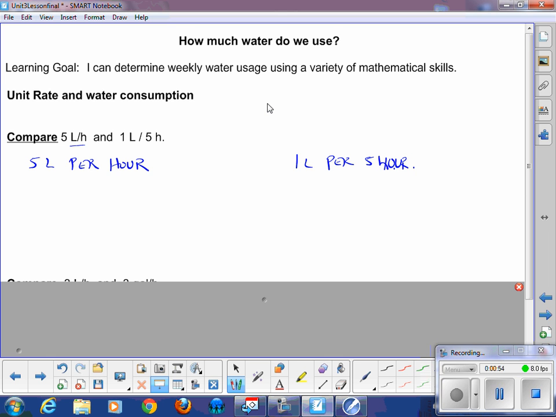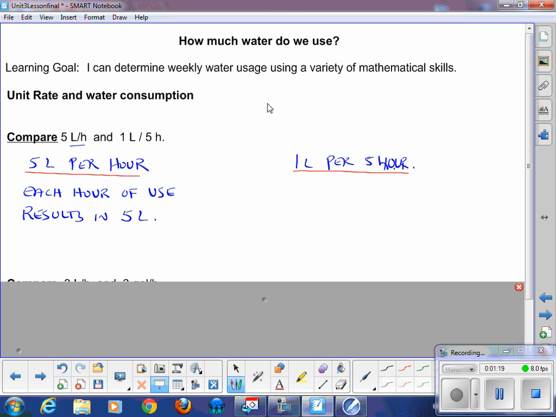How do they differ in terms of interpreting unit rate? Quite simply put, for this one, each hour of use results in 5 liters.